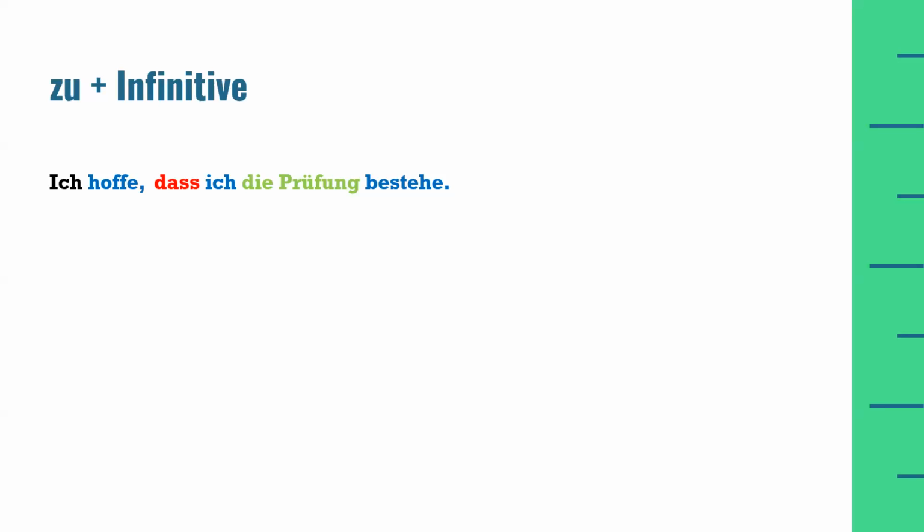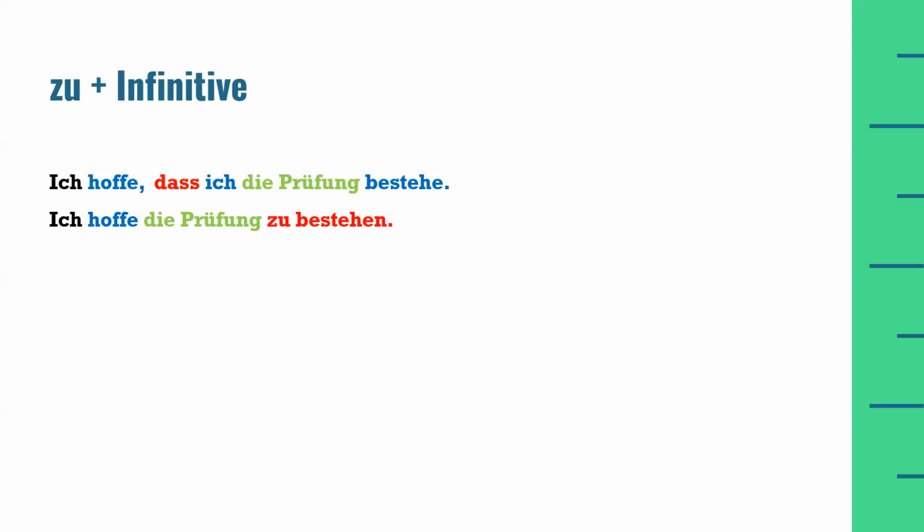If you look at this sentence, I am using the subject ich twice, which is redundant and doesn't look so good. The short and compact form, or another way of saying the same sentence, is: Ich hoffe, die Prüfung zu bestehen. I hope to pass the exam.